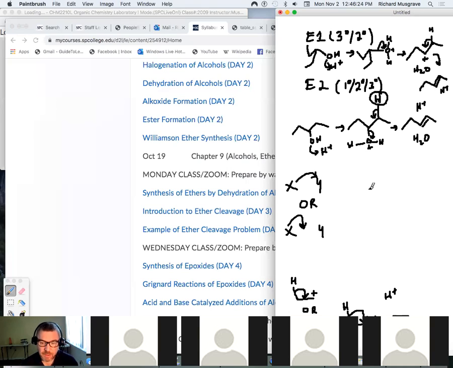In the case of an SN1, you've got the leaving group here, and the leaving group is connected to something that's very messy. That's why there's a difference between SN1 and E1. So with the SN1, you don't have a choice. If it's tertiary, it must go SN1.